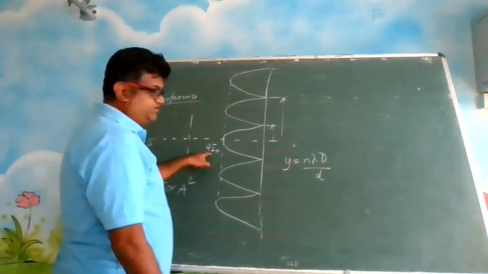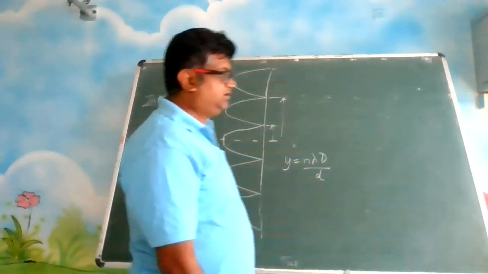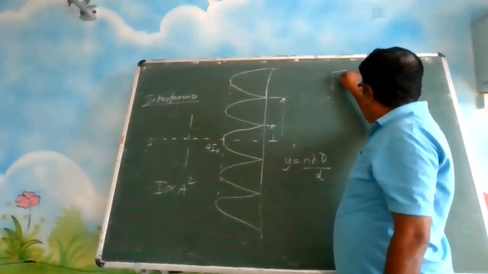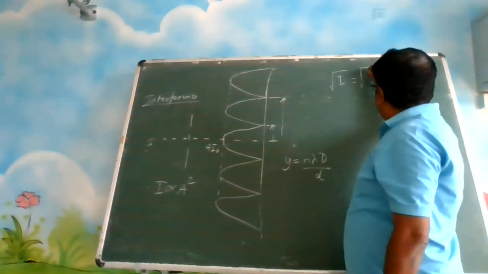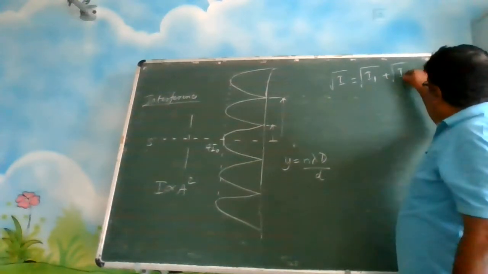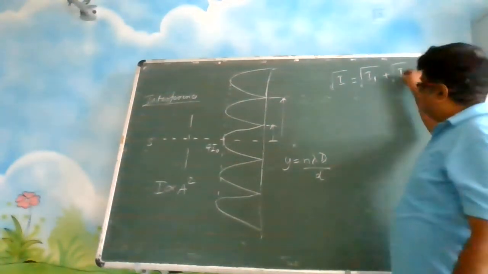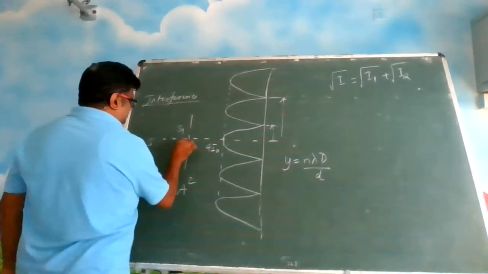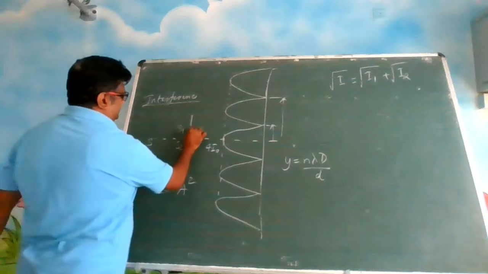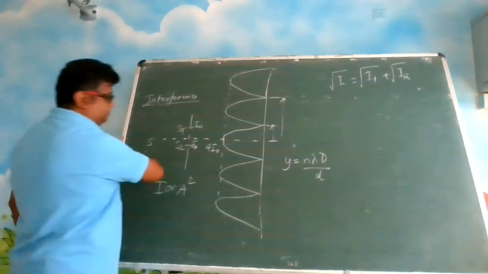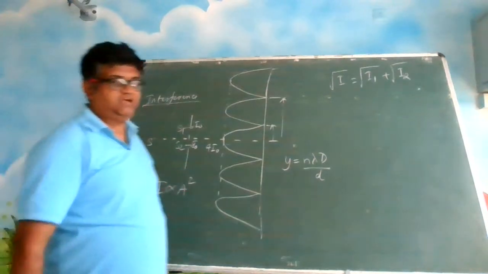Now why is this value 4I0? See here, in the case of constructive interference, I told you that root over I is equal to root over I1 plus root over I2. What are I1, I2? That which is coming out of the slits S1, S2. Let us say the wave intensity is I0.